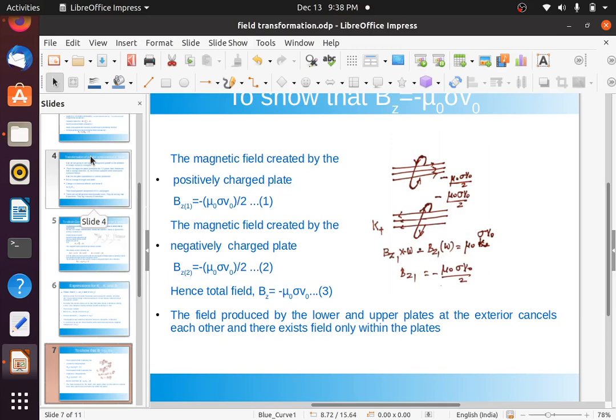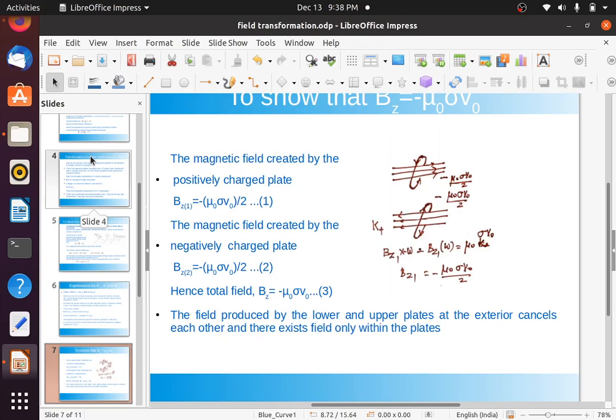So you can calculate the field by applying the integral of B dot dl equal to mu 0 I. You are applying Ampere's circuital law to calculate the expression for the field. The field Bz is constant.